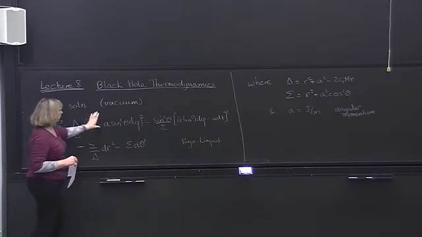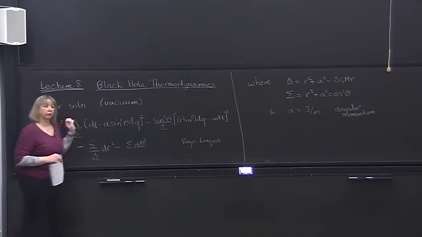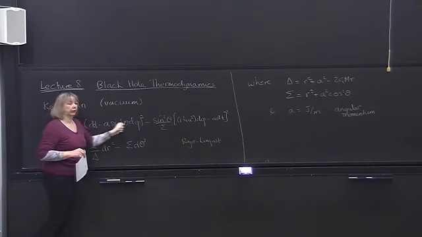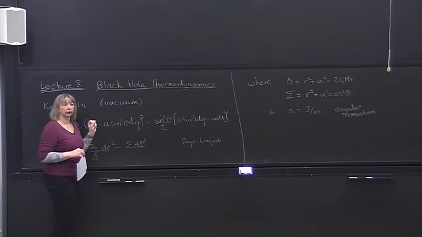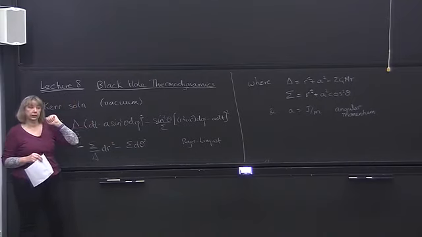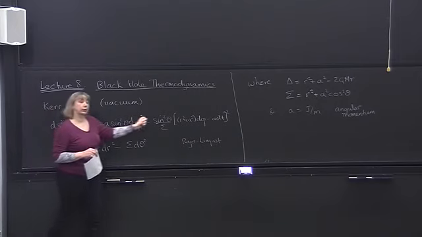But I think most crucially, you see in the t and phi parts of this orthonormal basis, if a is non-zero, you get these cross terms. So this is kind of the smoking gun of rotation. In that, if I time reverse my solution, send t goes to minus t, then you can see that the metric is not invariant.